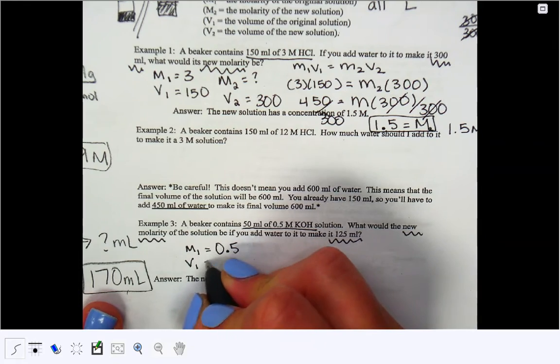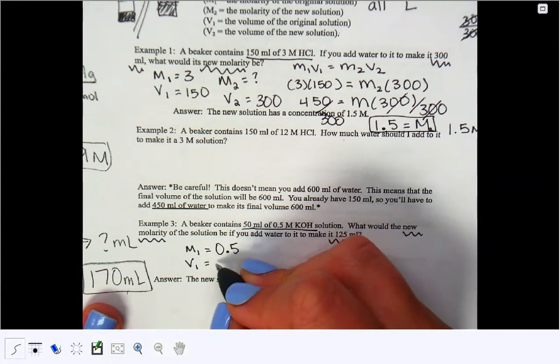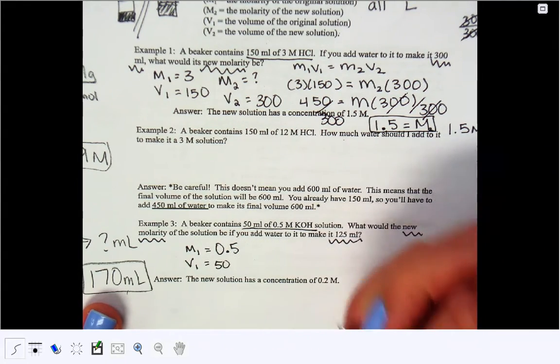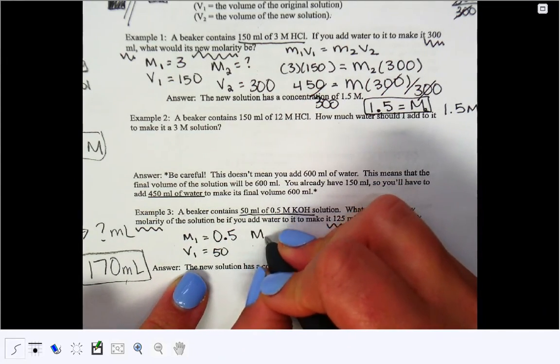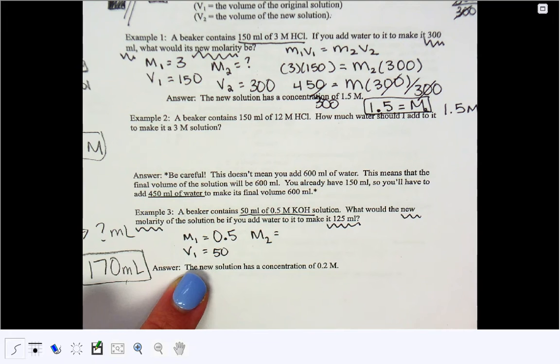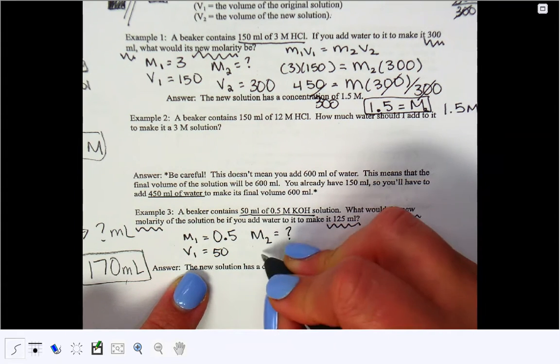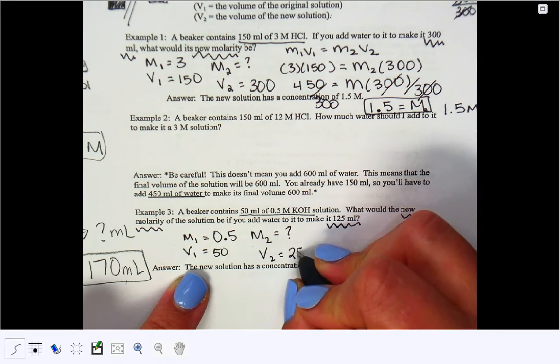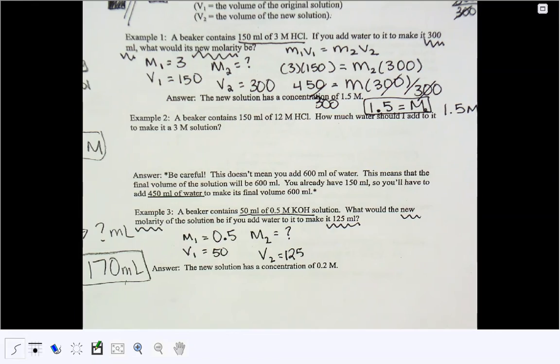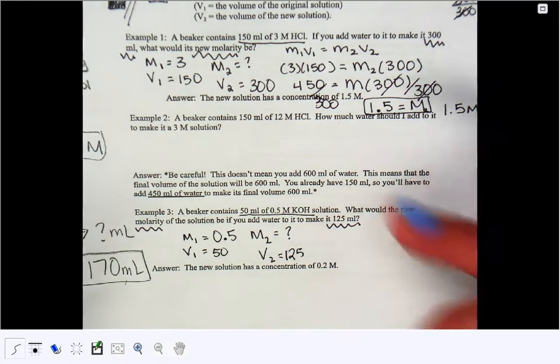Who is my volume one? 50. Good job. Okay. Molarity 2, do we know what it is? Oop, nope. We don't, right. We're going to solve for that one. But we do know what volume 2 was, which was 125. Oop, I forgot the 100. There it is.